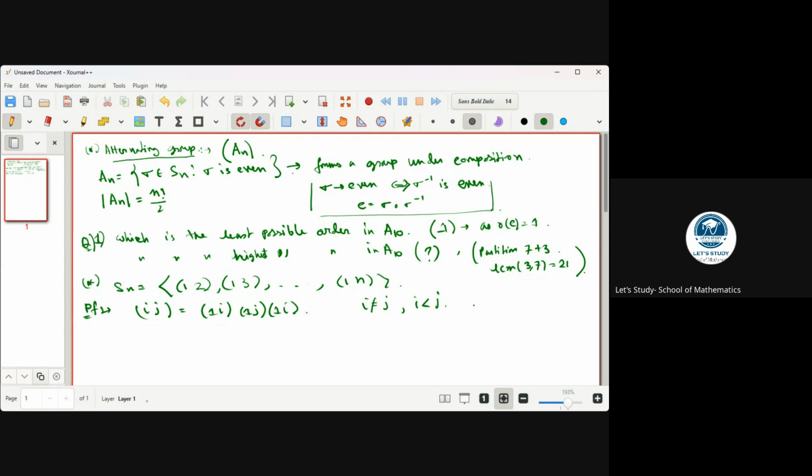If one of them is 1, then it is itself a transposition, so there is no problem in that. And any other transposition of the form (i j), you just write it like this.